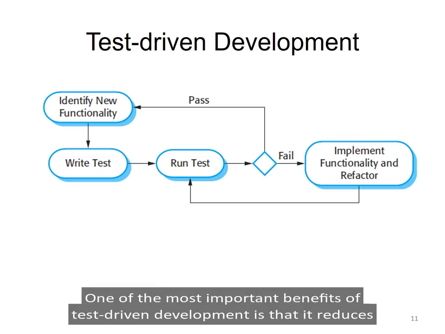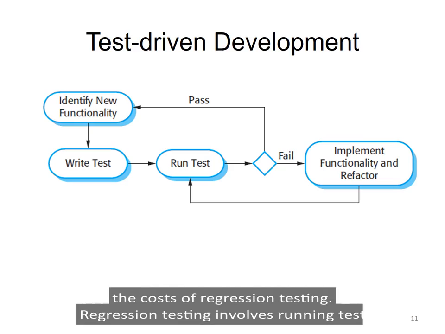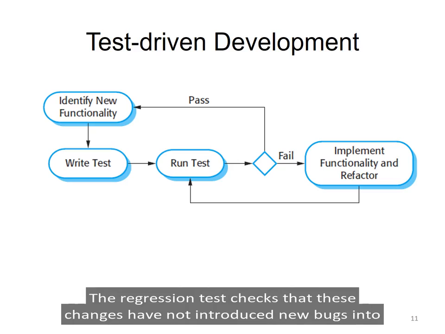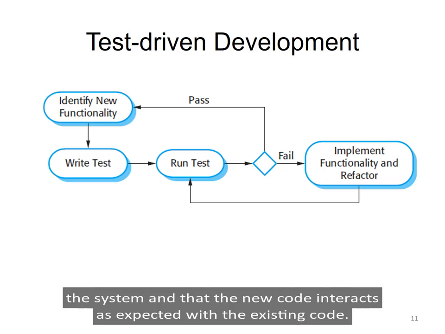One of the most important benefits of test-driven development is that it reduces the cost of regression testing. Regression testing involves running tests that have successfully executed after changes have been made to a system. The regression test checks that these changes have not introduced new bugs into the system and that the new code interacts as expected with the existing code.